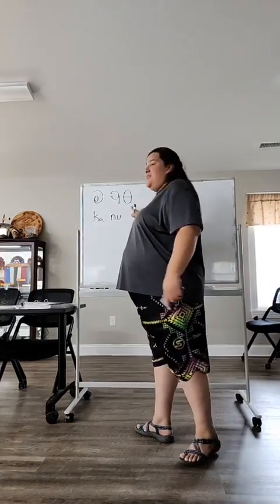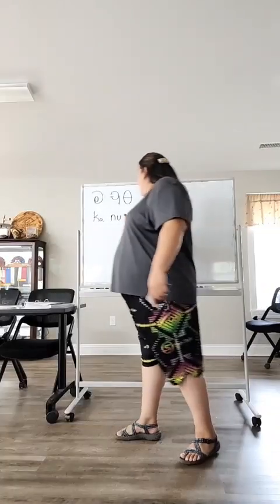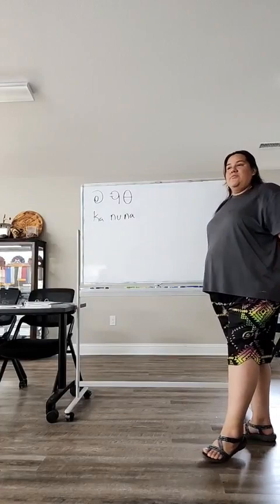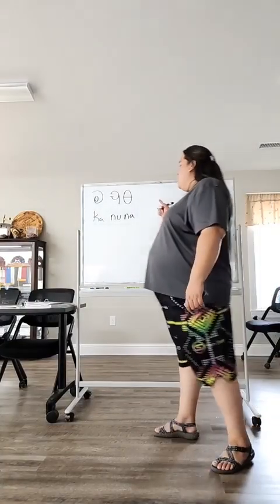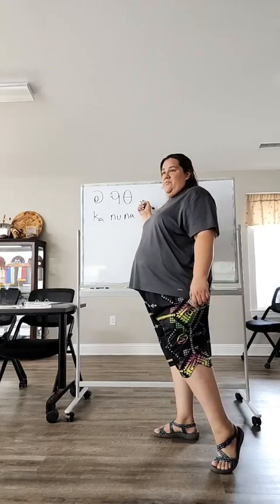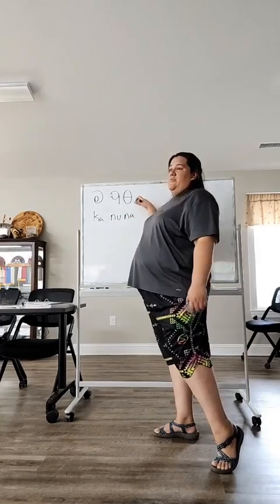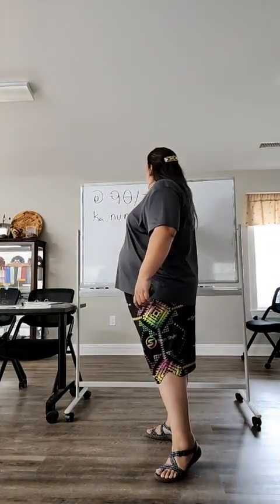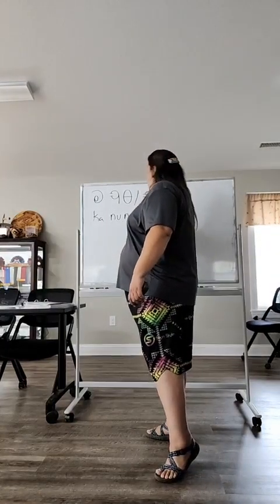New, and then na. Kanuna. Some people call it kanunu. Some people call it kanuna. But I've heard it all my life, kanuna. So that's what we'll put. But just know that it could also be kanunu.